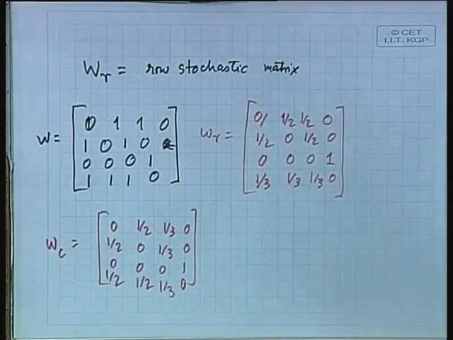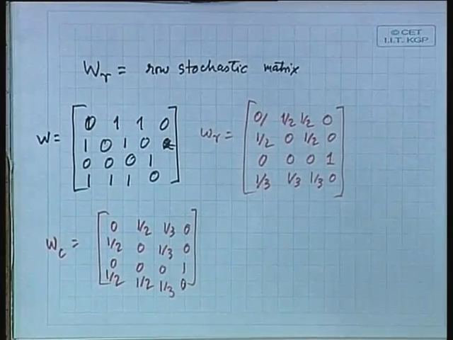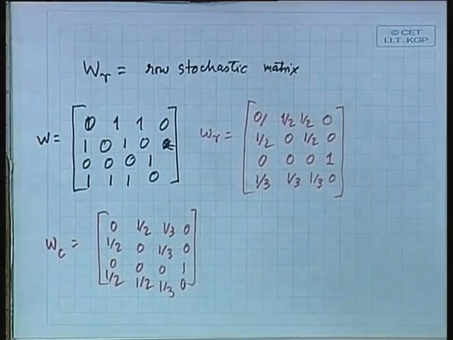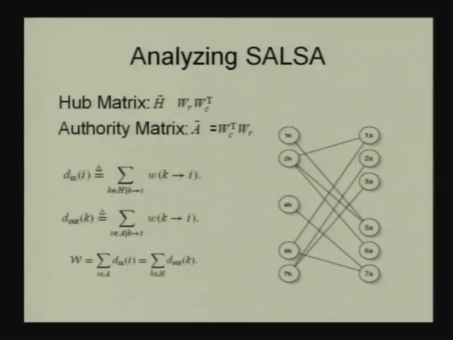And now you can easily see that the hub matrix that we defined previously can, by this definition, also be written as WR WC transpose, whereas the authority matrix is WC transpose WR. Do you want me to derive that part also? It's pretty obvious, but that's not important.